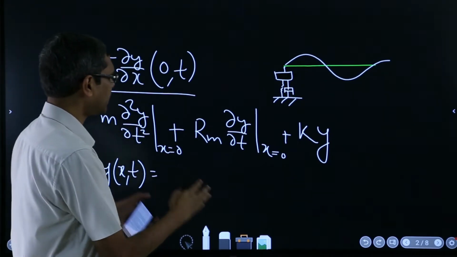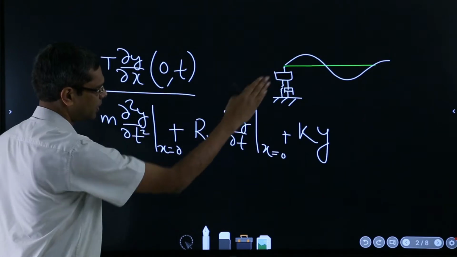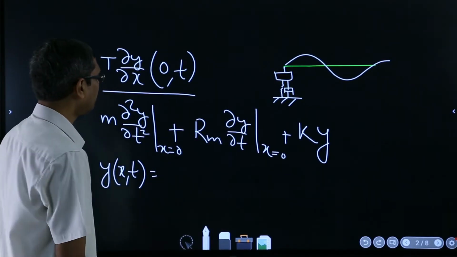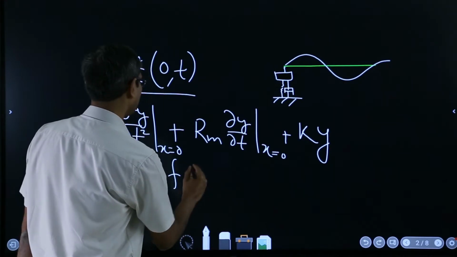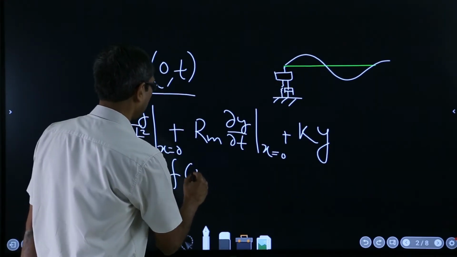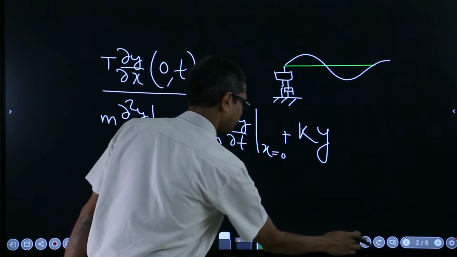Now, we will again write the general form of what will happen to the solution. So I will just write it and then explain why I am writing this specific form.